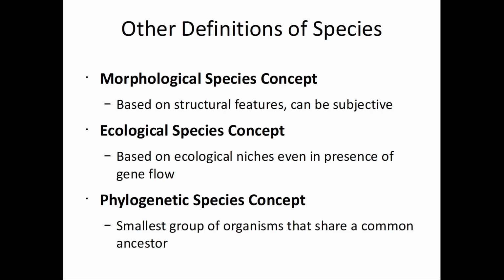So certain things like elephants, they may be able to mate with each other, but the two species of elephants don't live near each other, and so they're considered different species. And then the phylogenetic species concept: the smallest group of organisms that share a common ancestor.